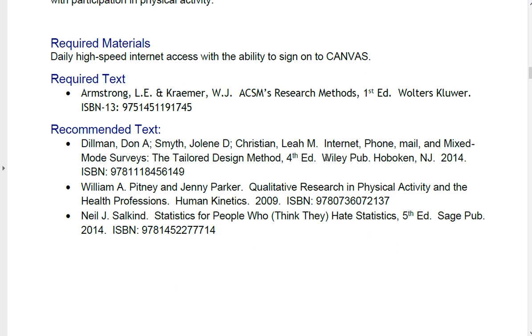Recommended texts: if you're thinking about doing a survey, the Dillman book, Internet, Phone, Mail, and Mixed-Mode Surveys, is a great book to guide you in developing your questions and the validity of those questions. If you want to do something more qualitative, whether it's open-ended questions in your survey, or interviewing people or observing different lifestyles and how they're affected by things, the Pitney book on qualitative research will walk you through everything step by step to make sure your research is validated and technically reliable.